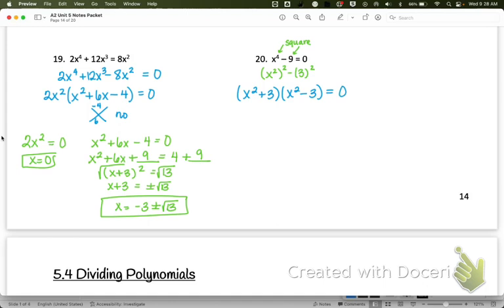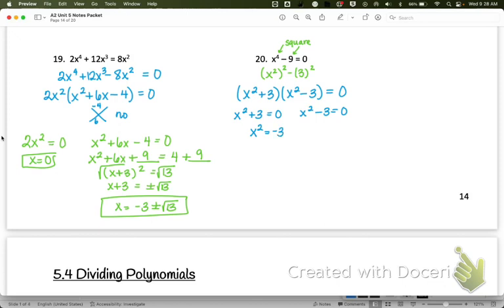So we have 2 quadratic factors. Neither one can be factored more, so we're just going to have to solve those 2 equations. X squared plus 3 equals 0, and x squared minus 3 equals 0. So go ahead and pause your video and try those yourself. So we're going to start by subtracting 3. So x squared equals -3.